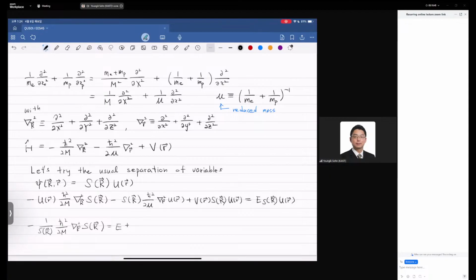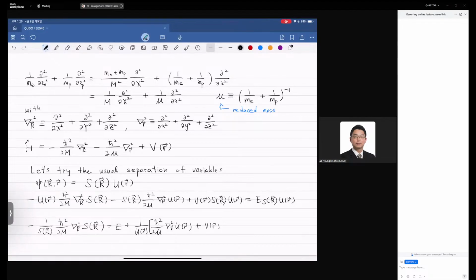Over U of r. Okay, let me write this way.